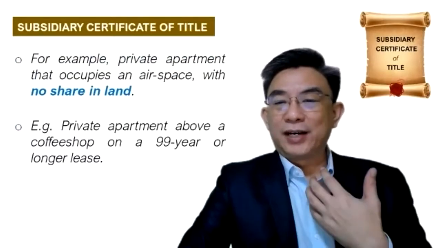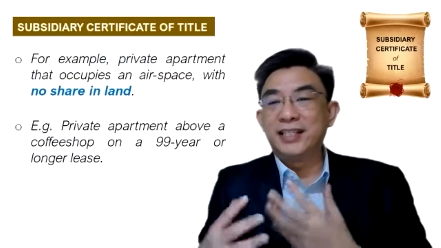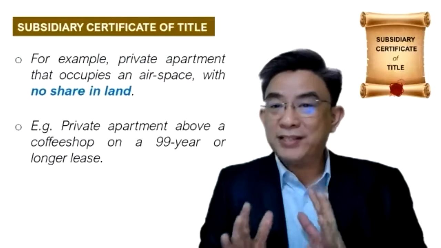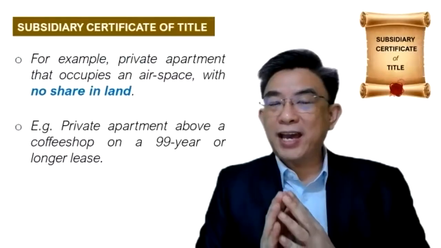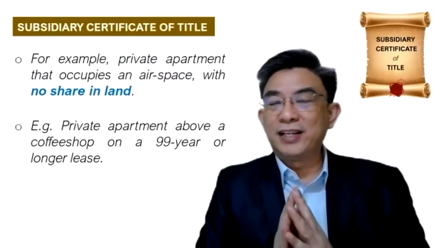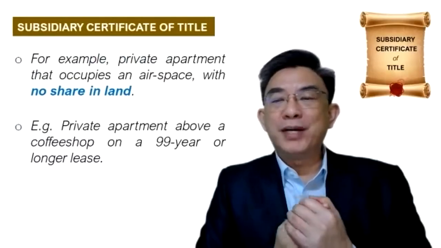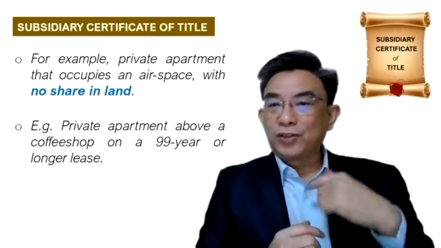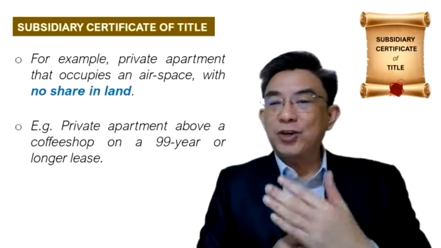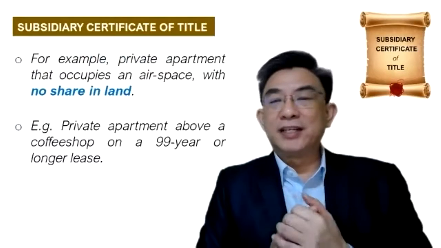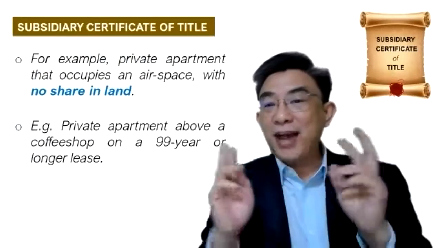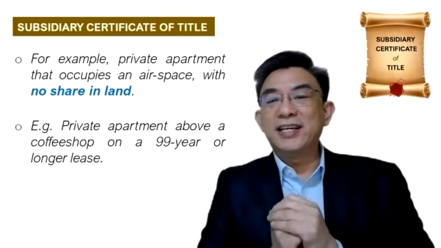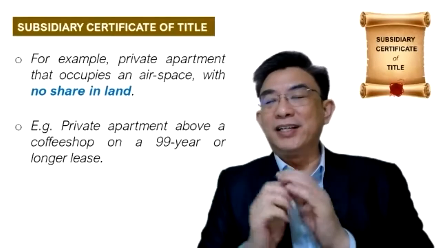So common examples of SCT will be private apartments that occupy only airspace with no share in land. The more common example will be a shop house, on top of the shop. On top of a shop house can be an office, and somebody can come in and rent for 10 years. So actually, rent for 10 years, you become the lessee.